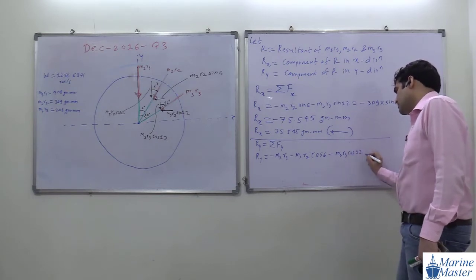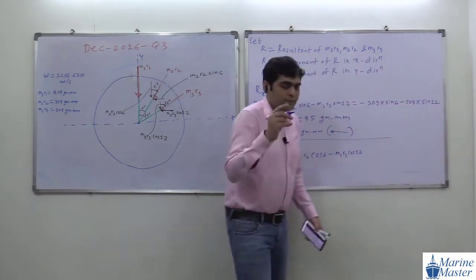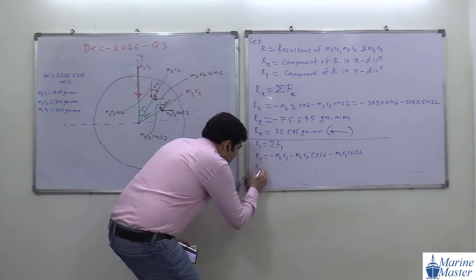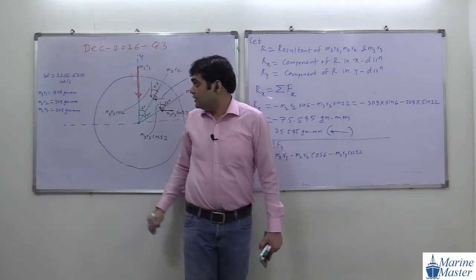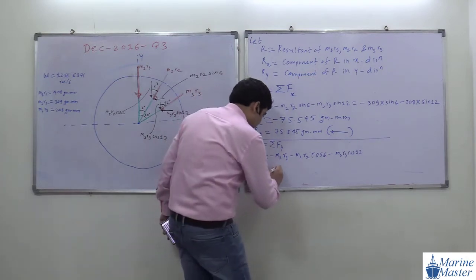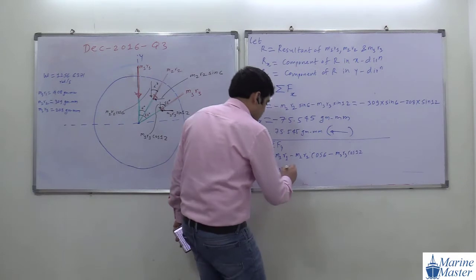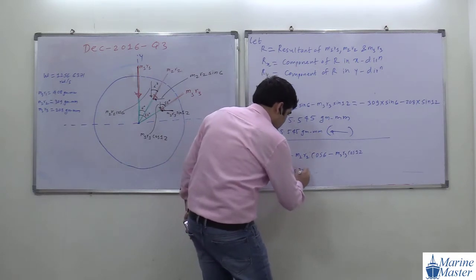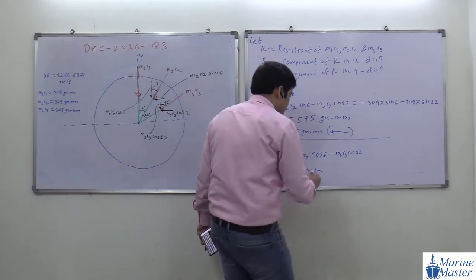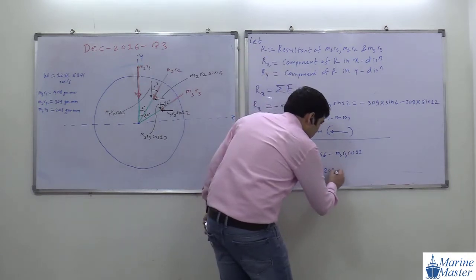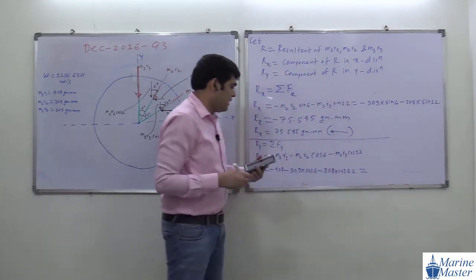Okay, good. So try to see the scenario. Ry is equal to what? Minus M1 R1 is how much? M1 R1 is minus 408. M2 R2 is how much? Minus 309 cos 6. M3 R3 is 208 cos 12. Please do the calculation and tell me the value.